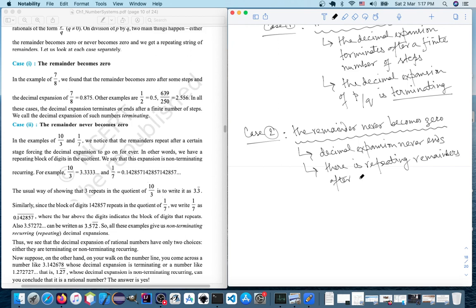After a certain stage, meaning after a certain number of steps, the remainder starts repeating.